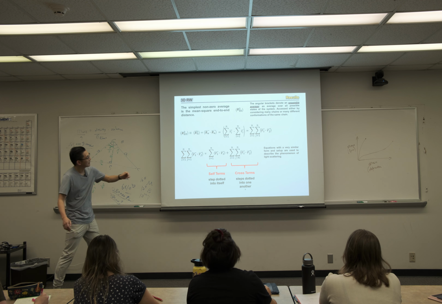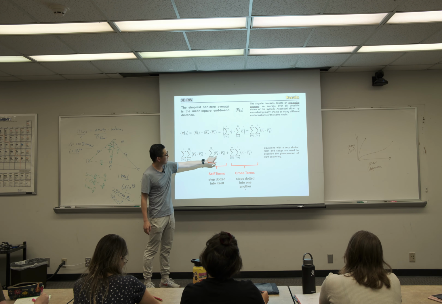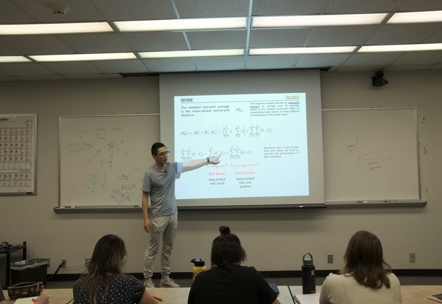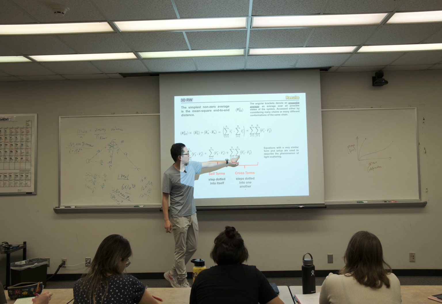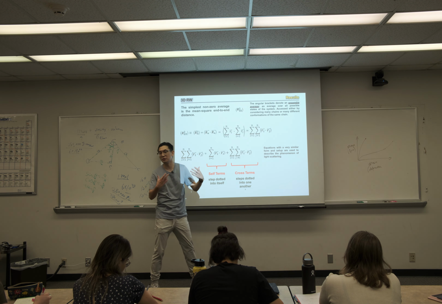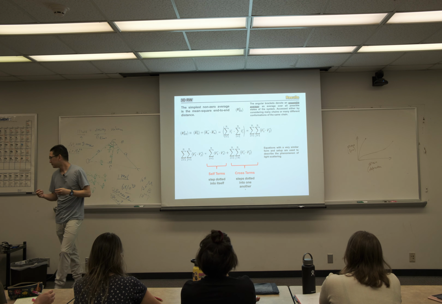And in this case, we further simplify it into a self-term. If you have a bond dot product with itself, we pull it out and separate it from the vector dot product with other bonds, not with itself. In this case, you get the cross term.